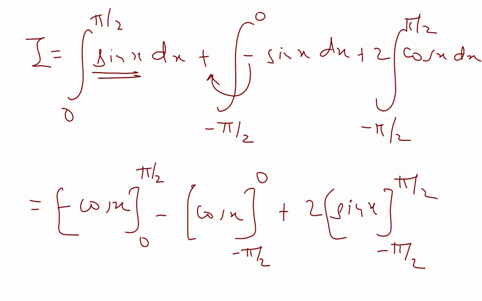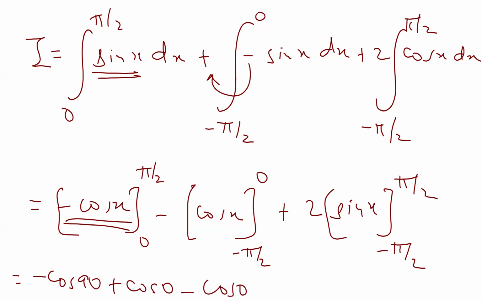Now this is box minus box: minus cos 90 minus, again there is minus. So 2 times minus going to plus, plus cos 0 minus cos 0 minus cos minus 90.